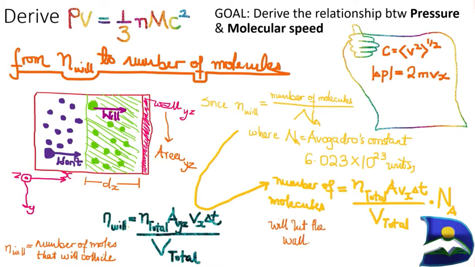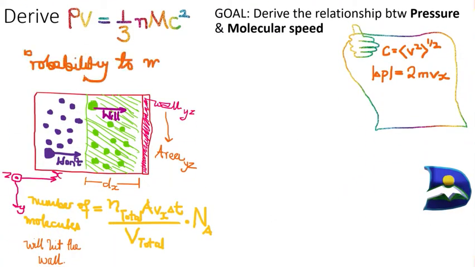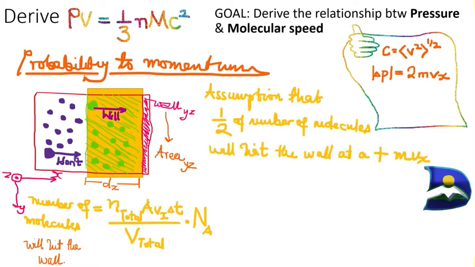So how do we get from the number of molecules that hit the wall to momentum? This is actually taking into consideration an assumption which involves probability. If we assume that half of the number of molecules will hit, or collide with, the wall, then this particular direction of the molecules is with respect to the positive momentum of those particles.